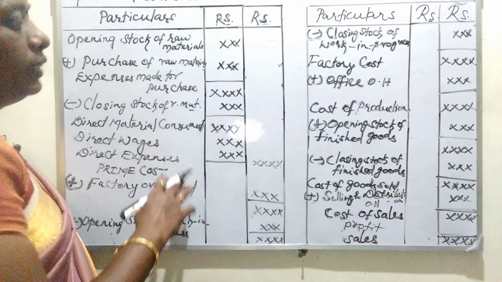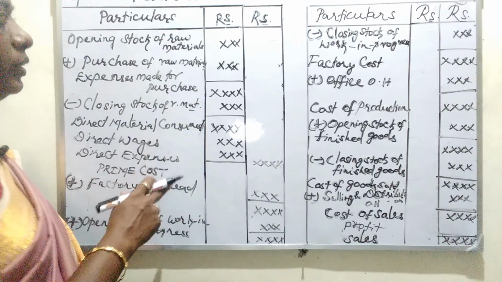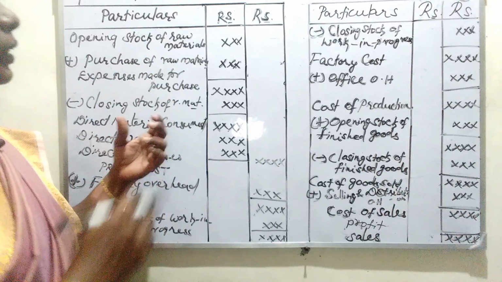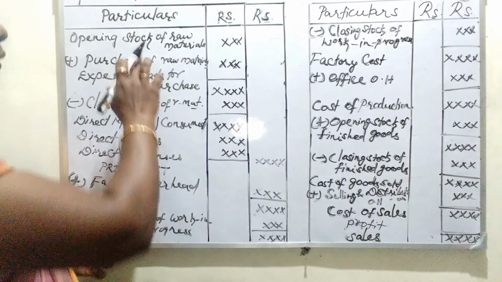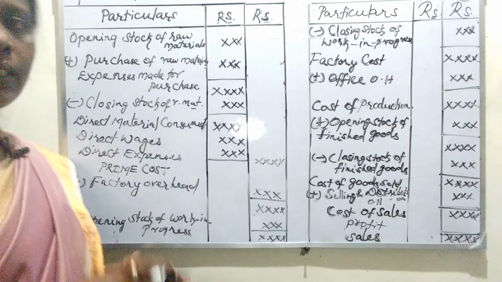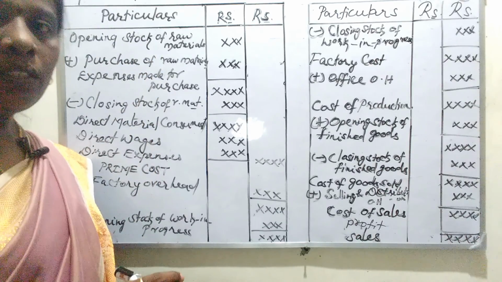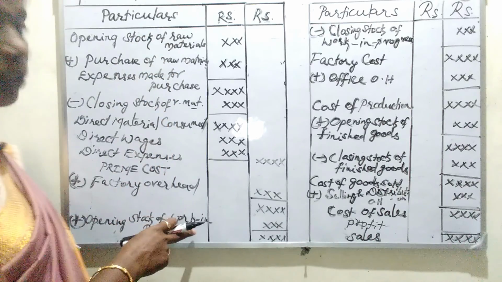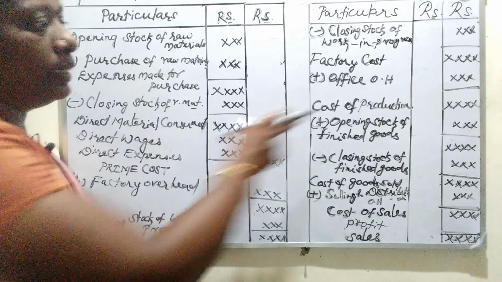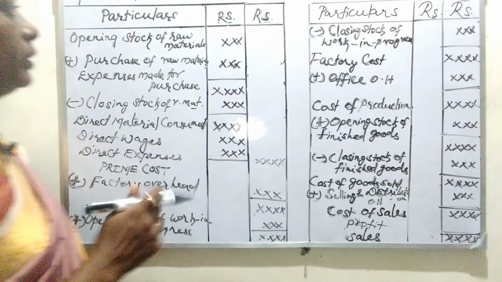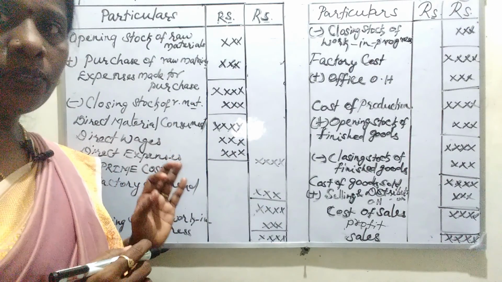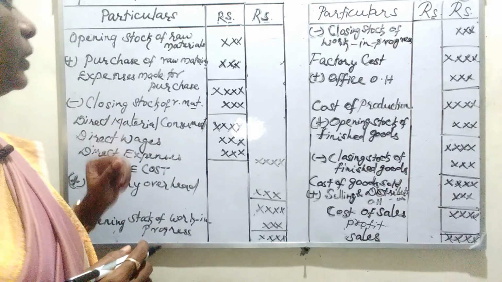The aggregate of the 3 is called prime cost. But in this specimen, with the inventories, we have to adjust the stock of raw material, the stock of work in progress, and the stock of finished goods. So what is the procedure for adjusting the stock?